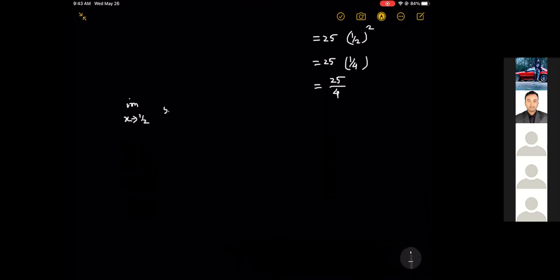So 5x. And again, we can use the constant multiple law, or if you want, you can use the product law as well, but I think constant multiple law is the better law to use here.